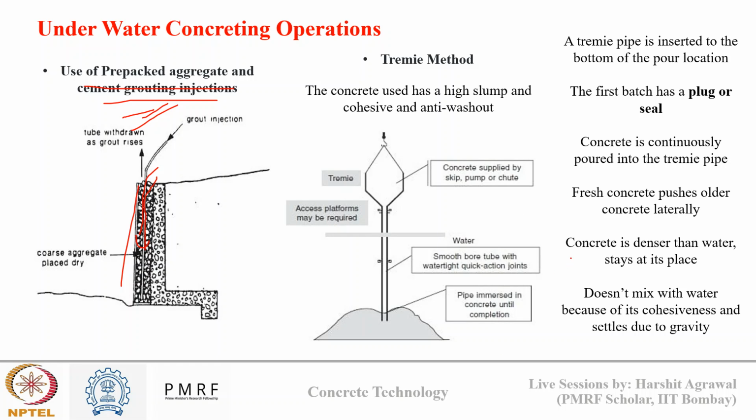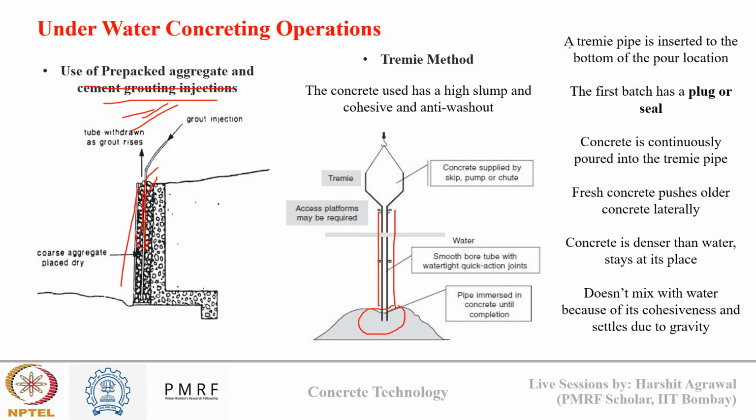The third method is the Tremie method, which is widely used for underwater concreting where concrete needs to be placed at a deeper level. You can see here we have a vertical pipe, known as a Tremie pipe, with its lower end submerged inside the fresh concrete.